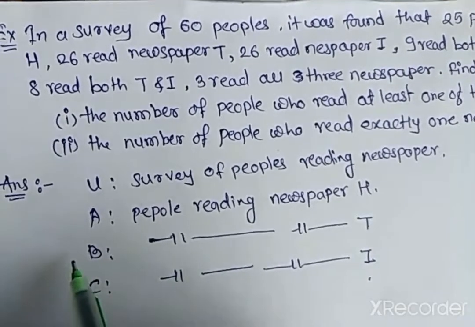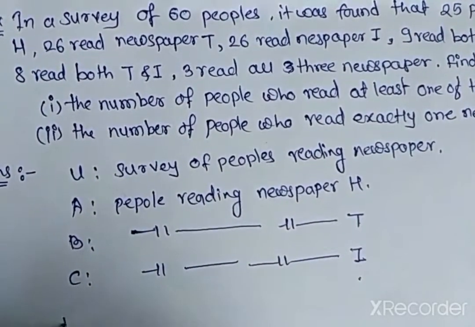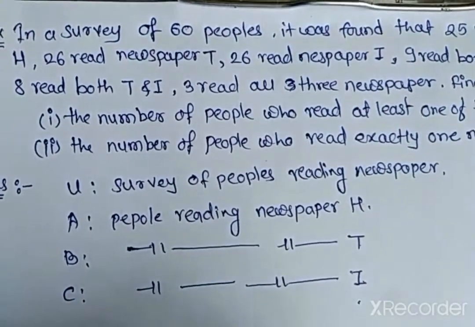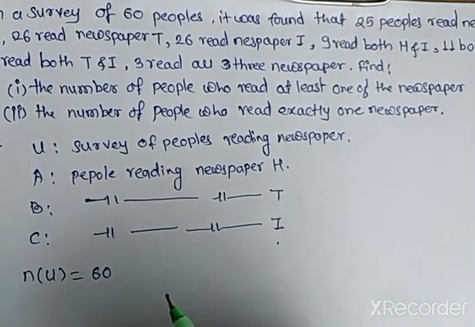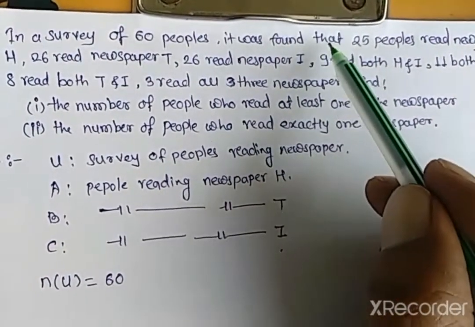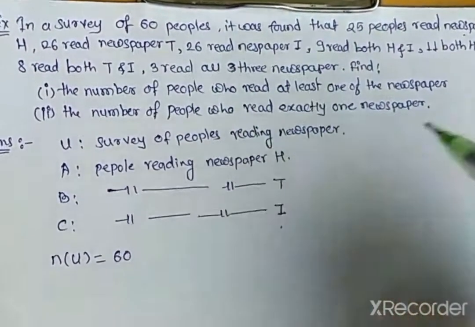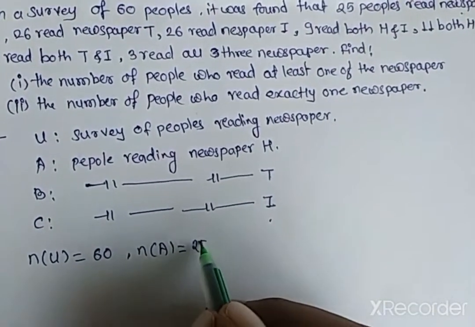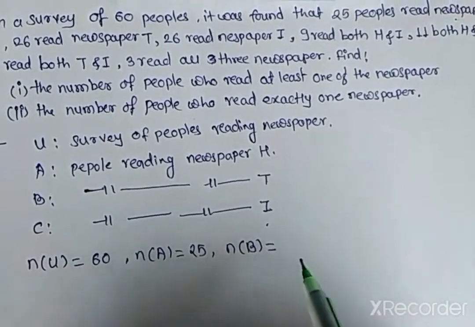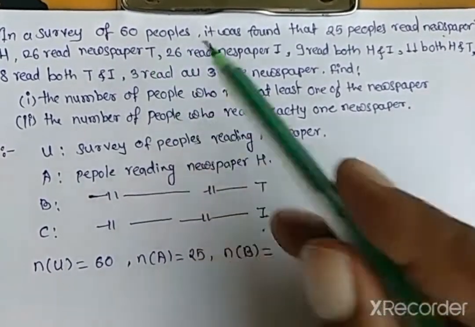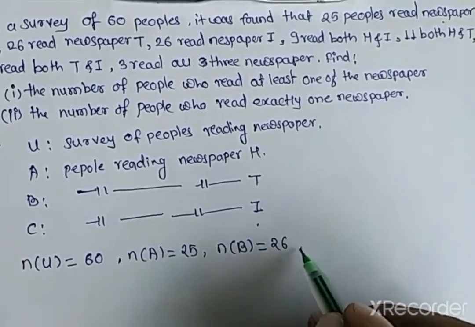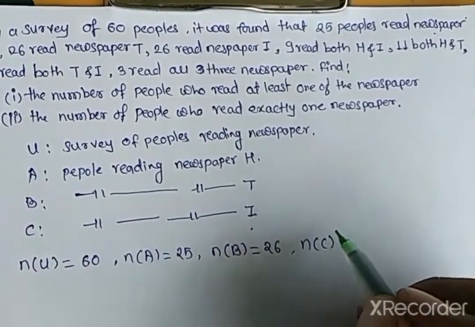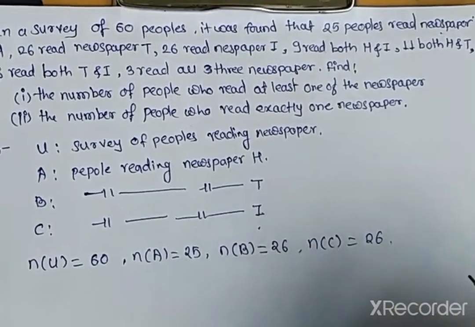Okay, so next we can find the value of N of U. From the question it is given that a 60 people survey is there, so N of U is equal to 60. Next it was found that 25 people read newspaper H, so N of A is equal to 25. N of B is equal to those who read newspaper T, which is 26. N of C is again 26, newspaper I, so it is again 26.